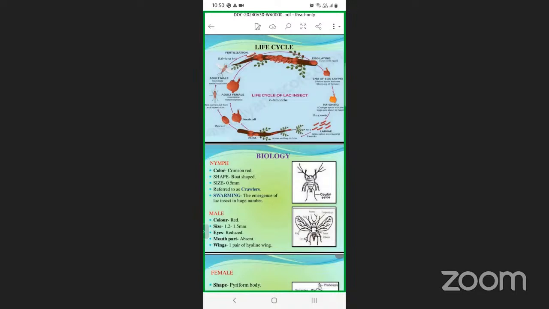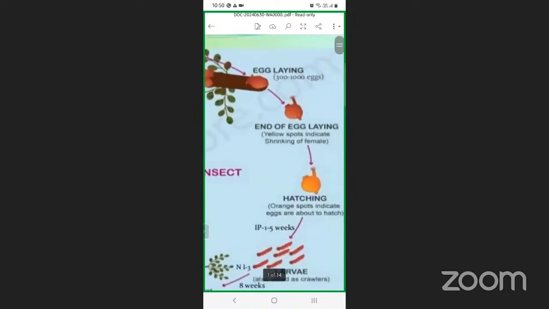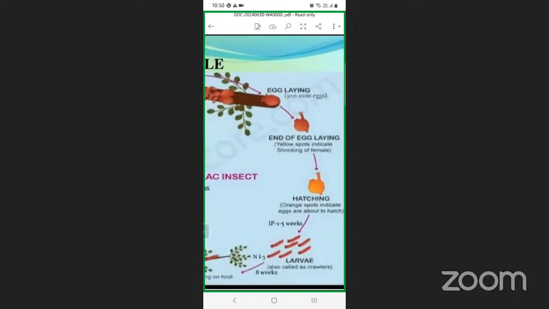Now let us see the life cycle, after knowing why we are studying this insect. The female lays 300 to 1000 eggs. At the end of egg laying, we see yellow spots indicating the shrinking of the female.